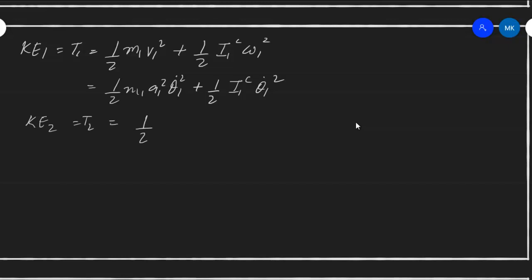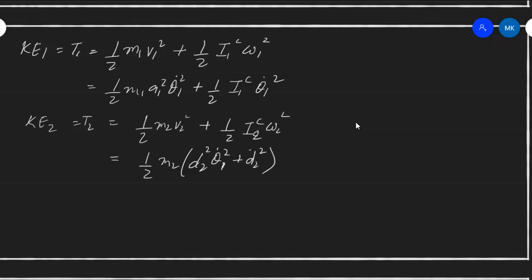I have just kept it similar to what Craig has done, so it could be verified from there. Now v2 square can be taken from the previous slide, so it is nothing but d2 square theta 1 dot square plus d2 dot square, plus half of I2 in C theta 1 dot square, because omega 2 is equal to omega 1.